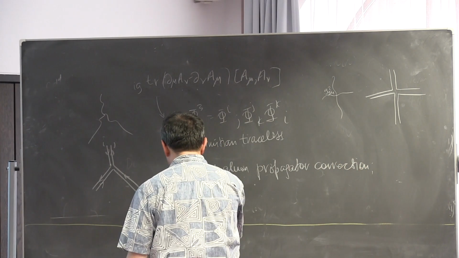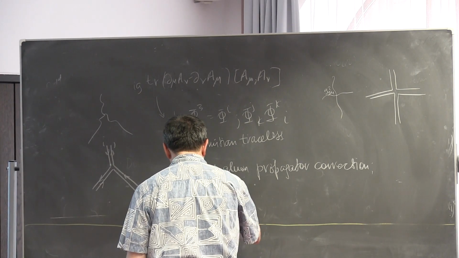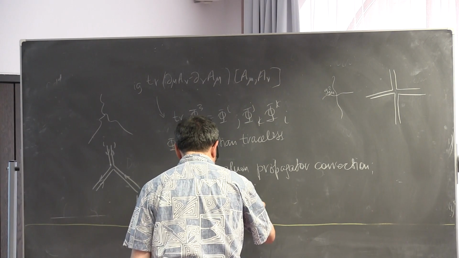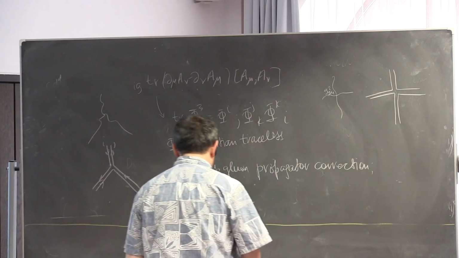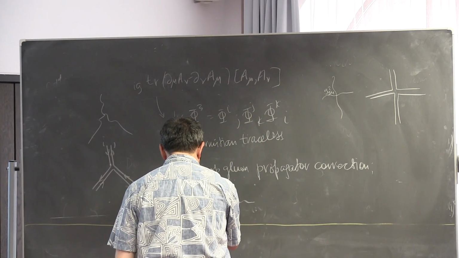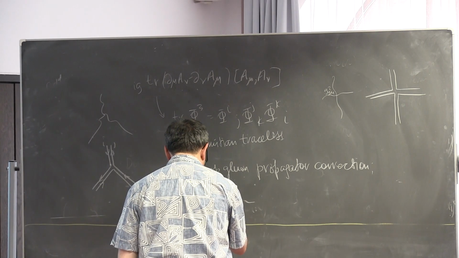Right, which just looks like this. It's a familiar graph that contributes to the beta function. And then we can see, so this obviously carries a factor of g Yang-Mills twice.